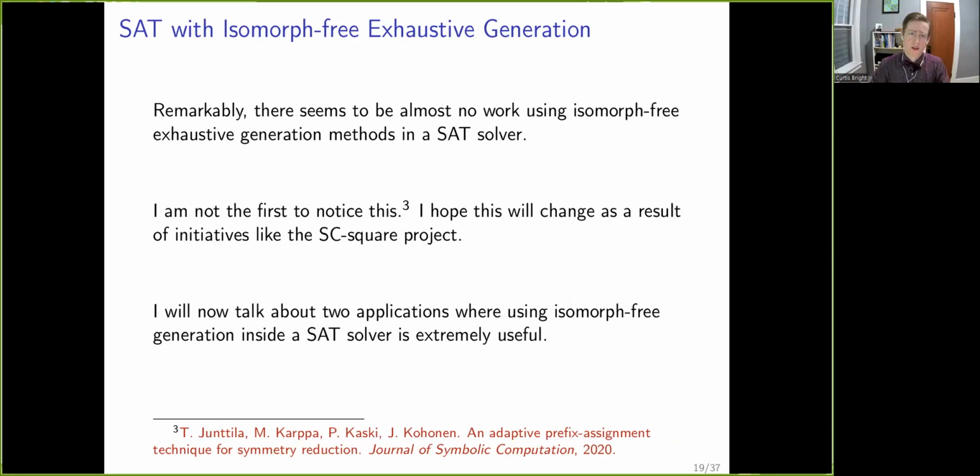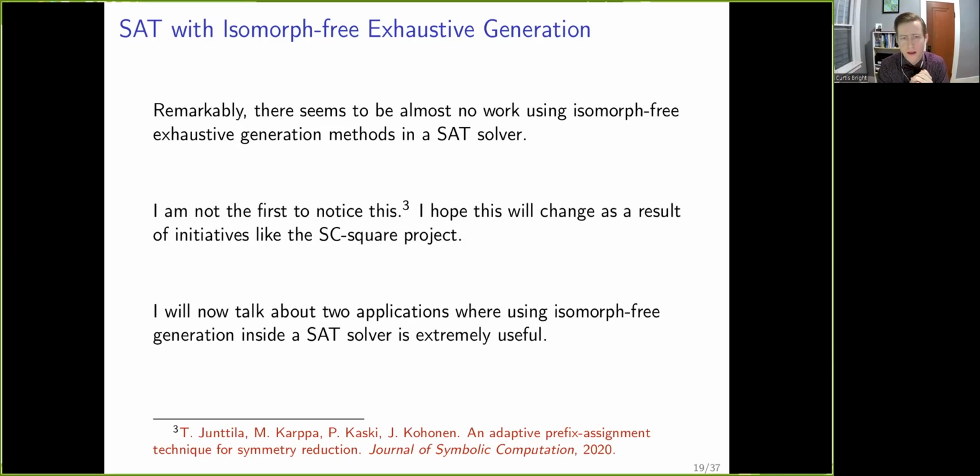So this brings me to the focus, the present day, the focus of the rest of the tutorial. And the remarkable thing here is that there seems to be almost no work using isomorph-free exhaustive generation, as I've described, inside of a SAT solver. And I don't know really why that is.